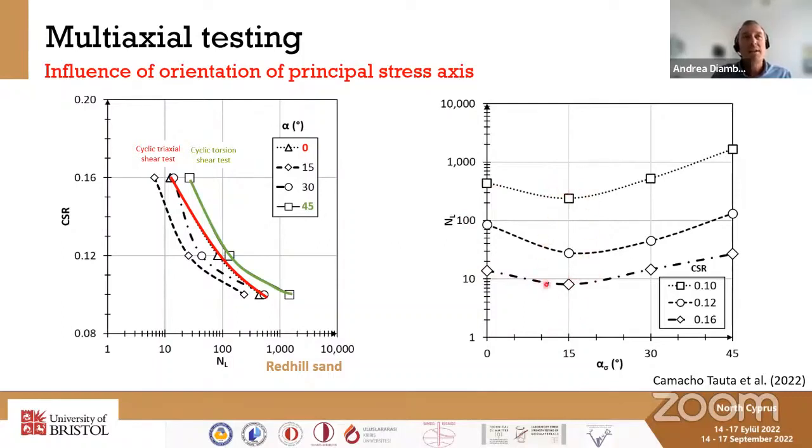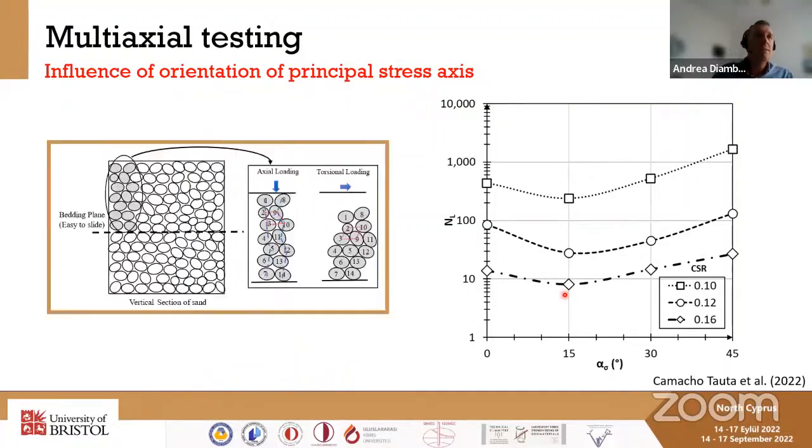So we can now see that the simultaneous application of torsion and deviatoric stress, in terms of difference in normal stress, actually has a detrimental effect. And this is probably linked with what we heard this morning from Lucia Mele, where she was talking about these chain forces that we develop during the consolidation and how they change during the loading.